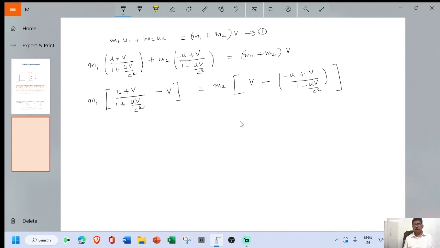Now multiply m1 into u plus v into c minus v into 1 plus uv by c square, whole divided by 1 plus uv by c square.